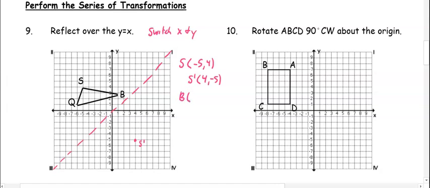B is at 1, 3, so the new coordinate is going to be 3, 1. And Q is currently at -6, 1, so it is going to be at 1, -6.